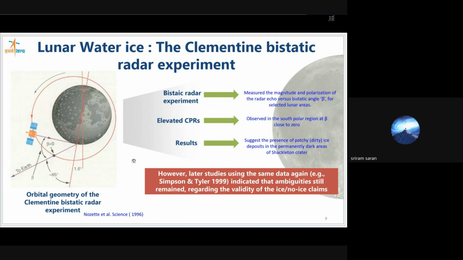However, several later studies using the same data, meaning a reanalysis of this data, indicated that several ambiguities are still present regarding the validity of these claims. So even though the first-cut results showed that the spikes they observed could be because of ice, later studies revealed that this ambiguity cannot be resolved.